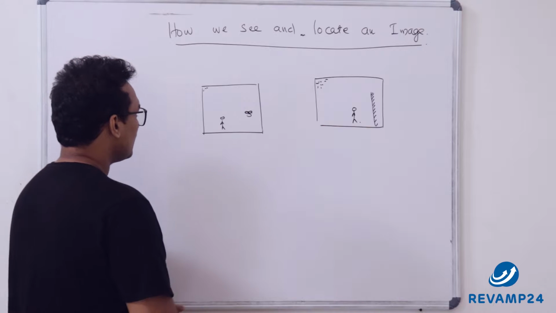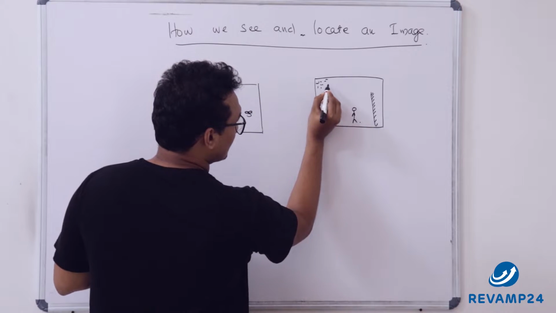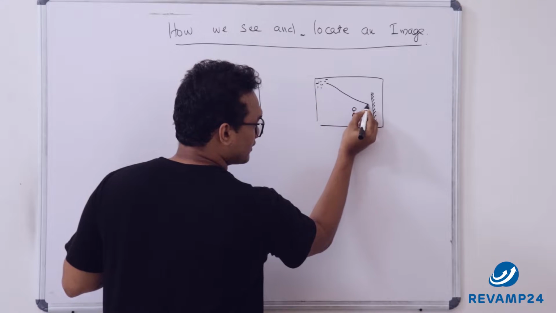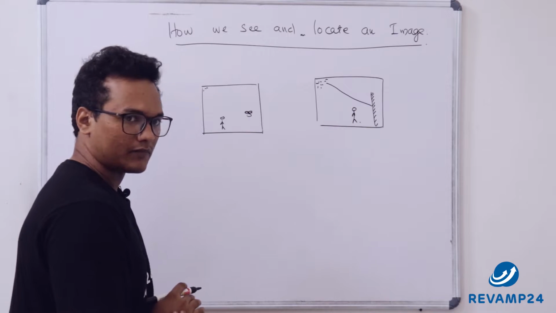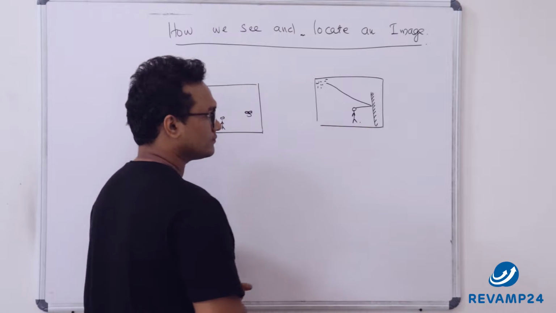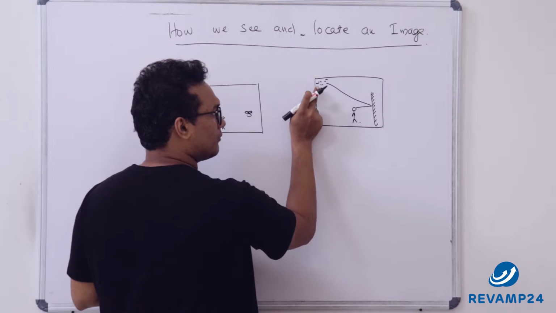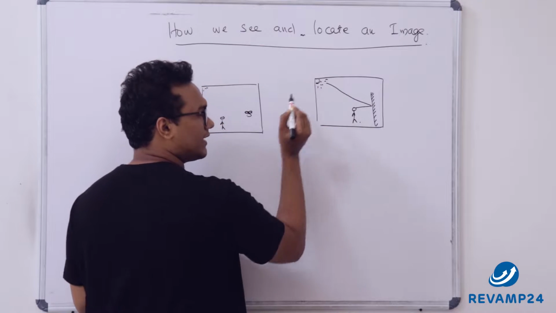See, now in this case, the light traveling from the source hits the mirror, and after reflection that reaches our eyes. So in the mirror we are able to see the source of light, because the source of light is the bulb.